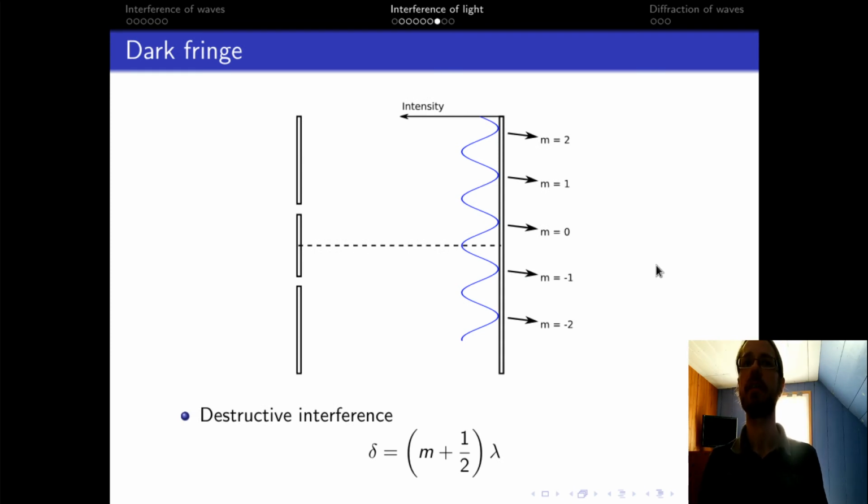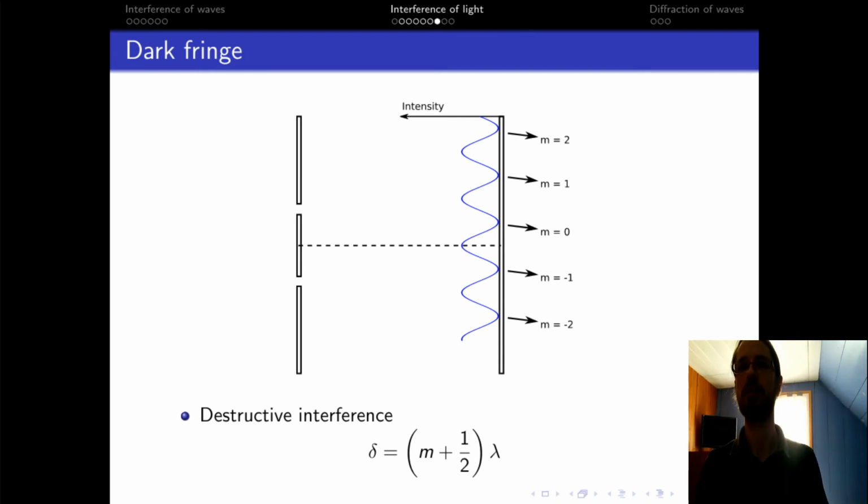And we have the dark fringes, which were explained by the destructive interference. Again, we have our condition. Now, for the dark fringes, there's a trap. If we take a look at where we had some dark fringes, we didn't have one in the middle, since the middle had to be a bright fringe. The two waves travel the same distance.